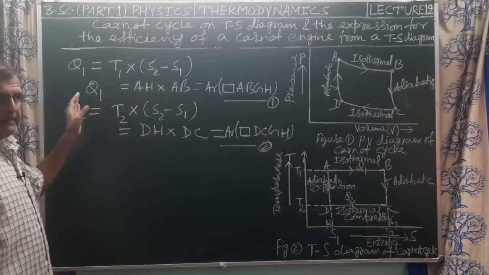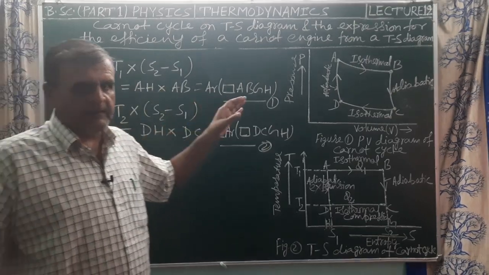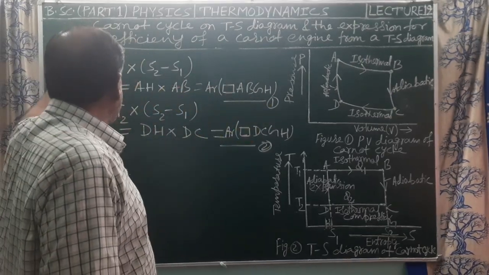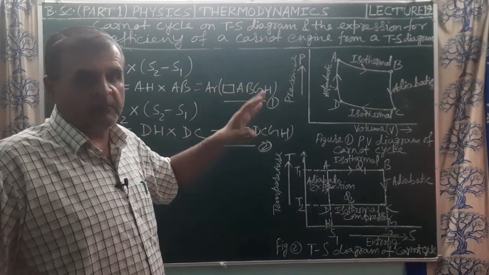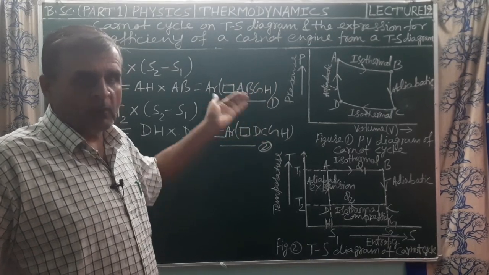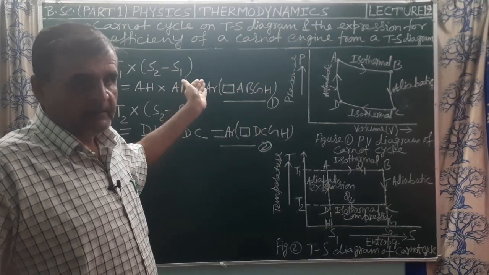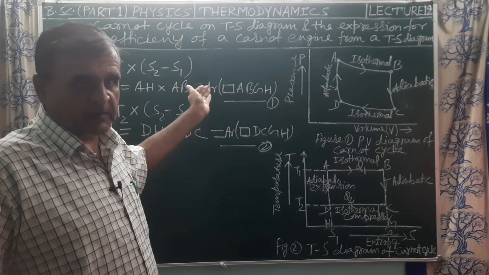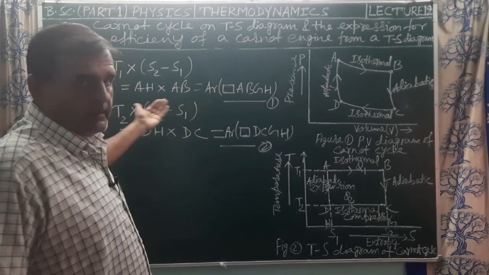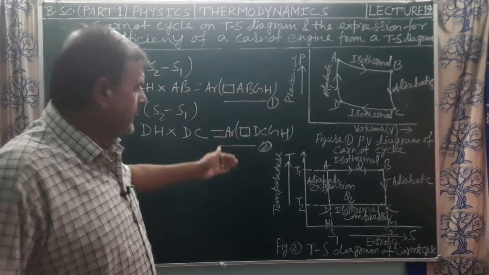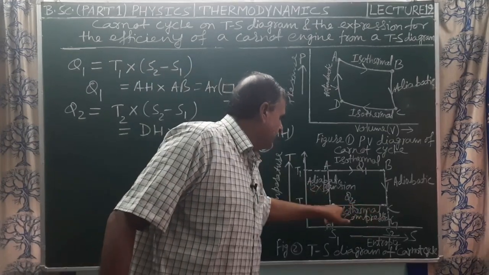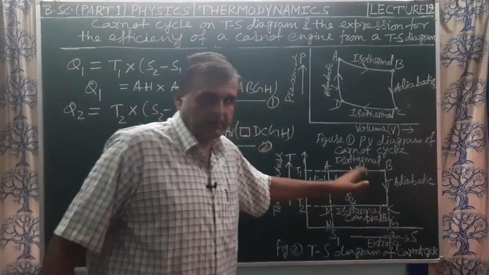Now the difference of Q1 and Q2, where Q1 is the heat taken by the system from the heat source, and Q2 is the heat rejected to the sink during the isothermal compression, represented by side CD of the rectangle.